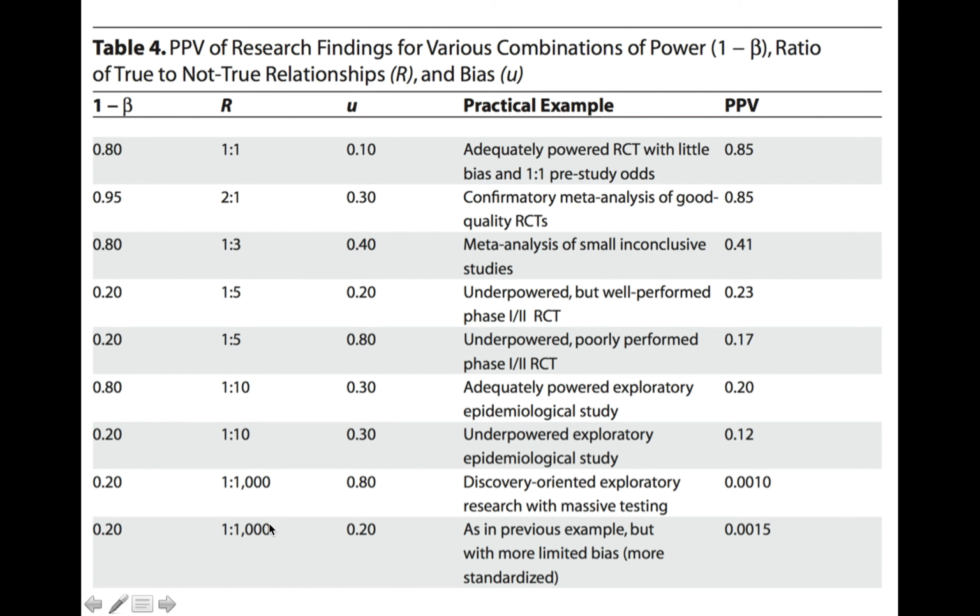And then obviously as the second number increases, the PPV drops. So this one compared to this one, we have 0.17 versus 0.0010, and that's because this R ratio's second number, which is the not true relationships, is so large. Okay, I will let you look through that more on your own, or you can pause the video and look at that more closely if you would like to.